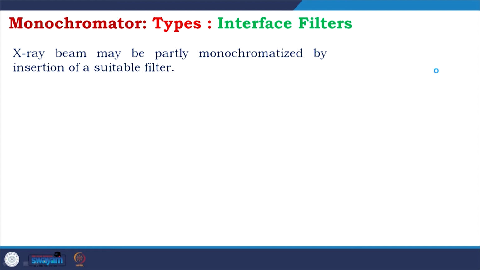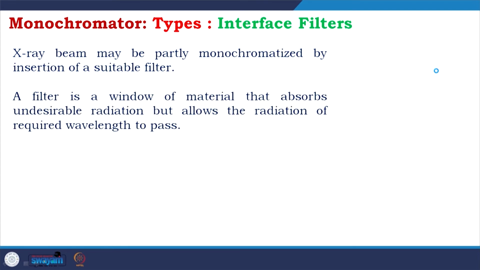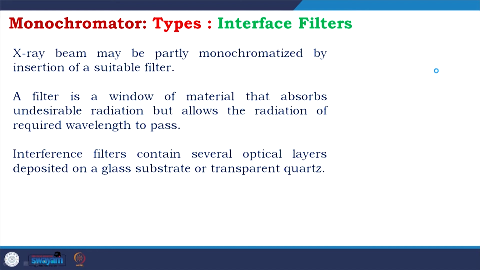Interference filters: the X-ray beam may be partly monochromatized by insertion of a suitable filter. As we talked about, a filter is a window of material that absorbs undesirable radiation but allows the radiation of the required wavelength to pass. An interference filter contains several optical layers deposited on a glass substrate or transparent quartz.